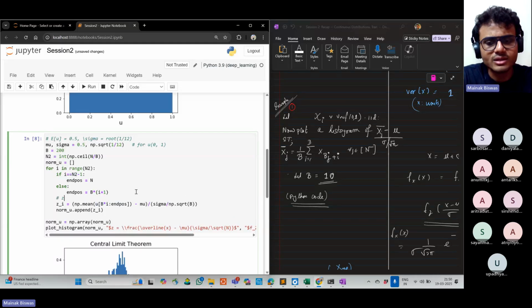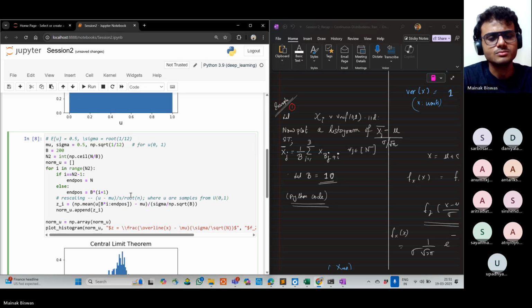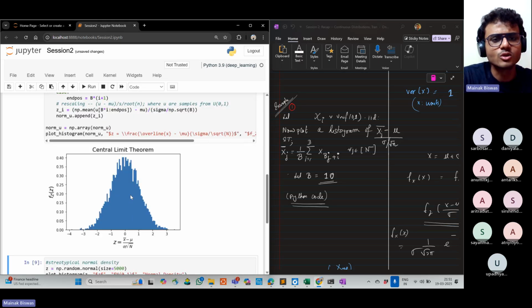So I am rescaling as u minus mu by sigma by root n, where u is the samples from uniform 0, 1. And then I just plot the histogram of that.